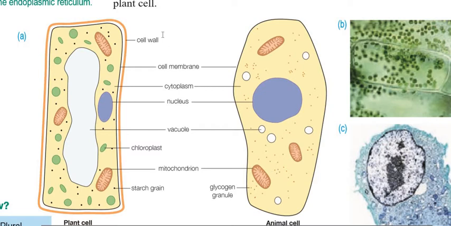The plant cell has cell wall, basically four, because cell wall, cytoplasm, starch granule, chloroplast, starch granule, and glycogen granule. So that's four parts. That is four differences. And then we mentioned the shape also. That's another difference.